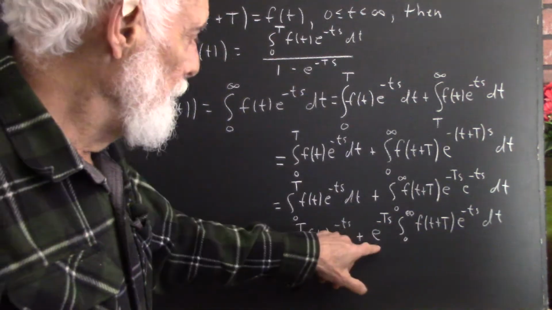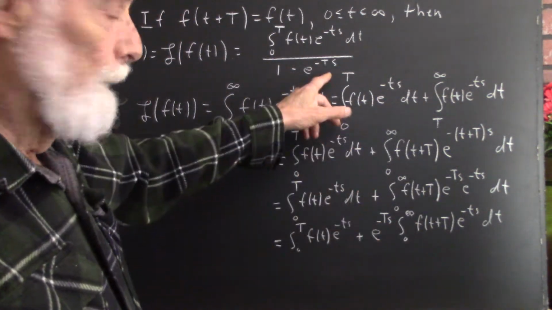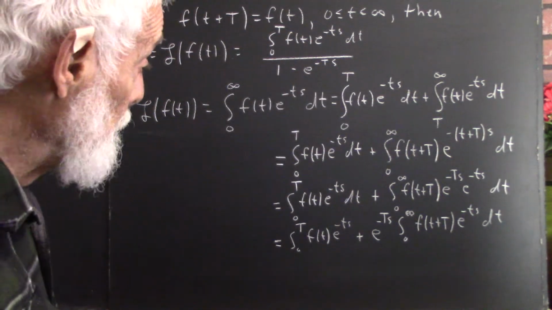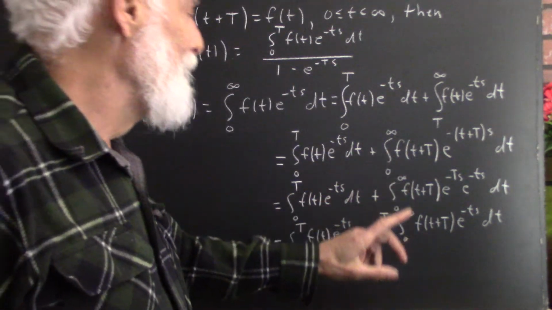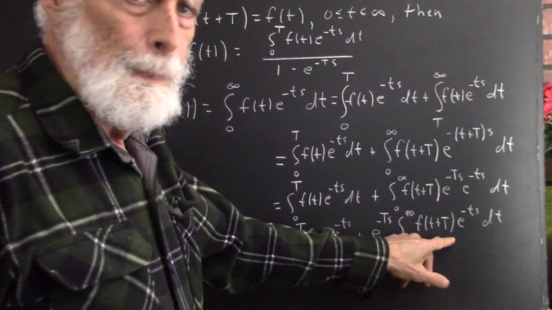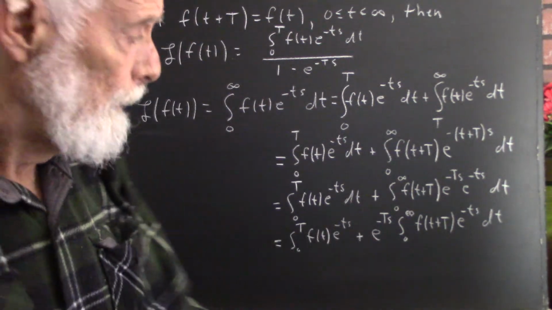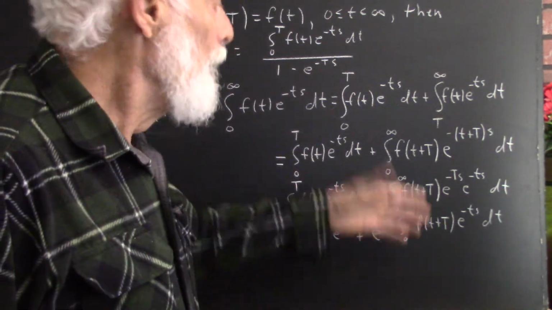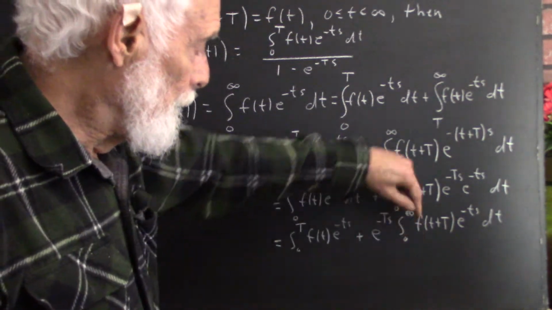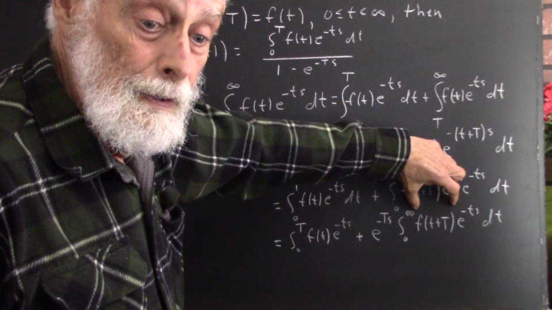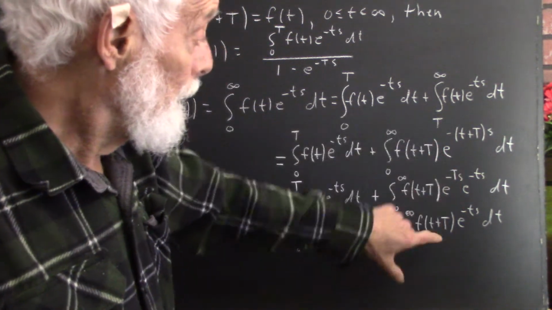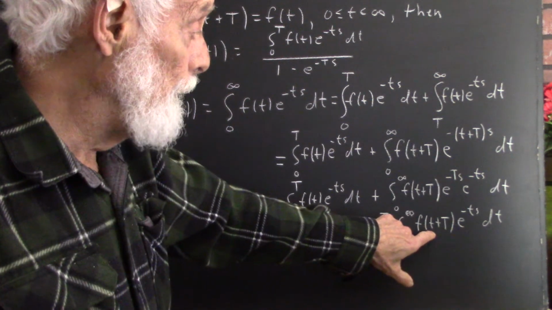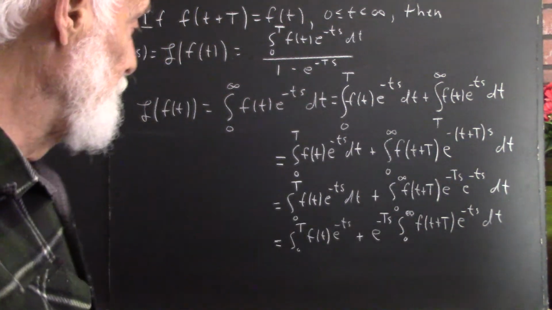So now we've got our e to the negative capital Ts out here. I'm going to see why. f of t plus capital T is just equal to f of t. You're just integrating this thing from 0 to infinity over all periods of the function, so it doesn't matter if you call this f of t or f of t plus capital T.